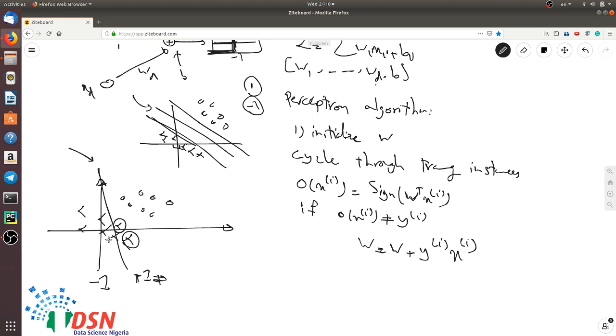So the perceptron tries to adjust the weight and move the hyperplane in this direction. So maybe in the next step we have something like this, and in the next iteration we have something like this. Okay, so this is how perceptron works.